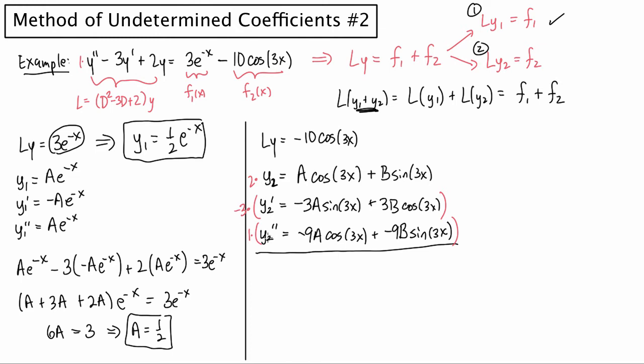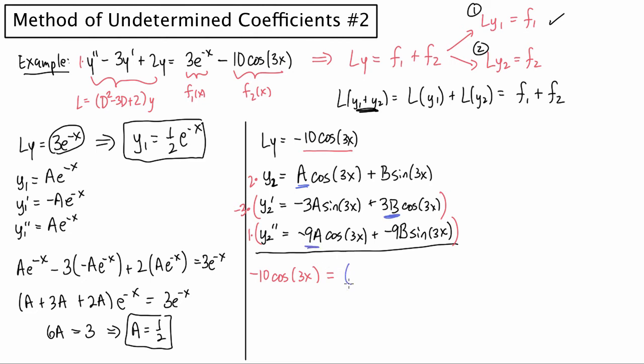If I look at y2 double prime minus 3y2 prime plus 2y2, that should be equal to negative 10 cosine 3x on the left. And on the right, watch what happens when I add down. Probably the easiest way to do this is to start with everything that's multiplied by a cosine. So if I look at all of the pieces multiplied by cosines, they're coming from here, here, and here.